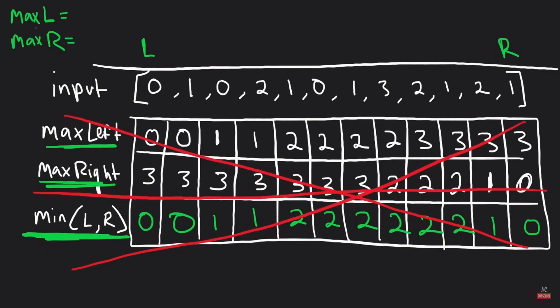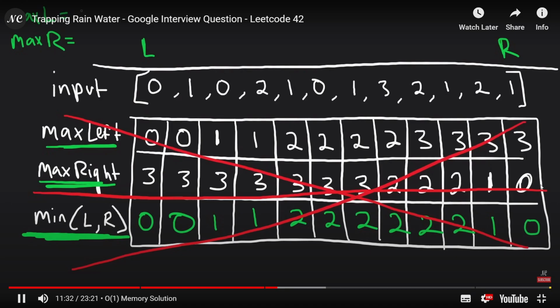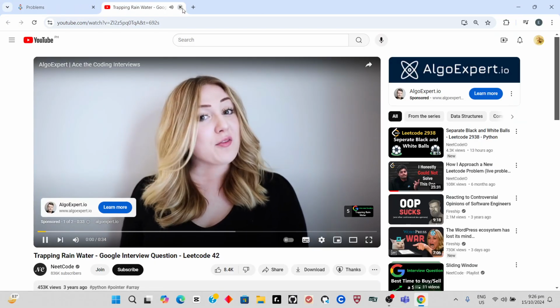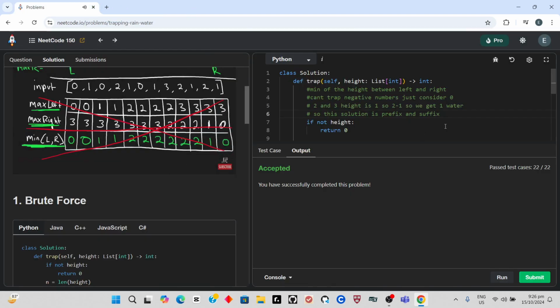We're also going to have 2 variables, max left and max right, which are going to be keeping track of the maximum left and maximum right so far. So you can see left is initially 0, so the max so far on the left is 0. You can see right is initially 1, so the max on the right so far is 1. So now we are going to have to update our pointer.